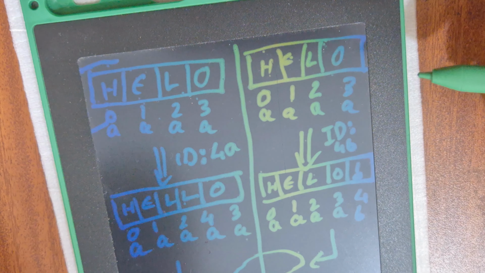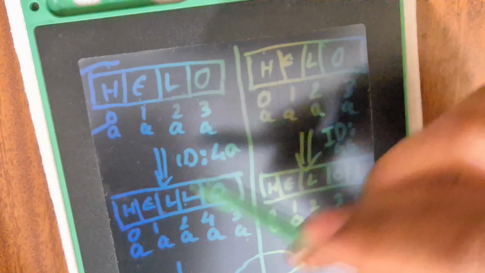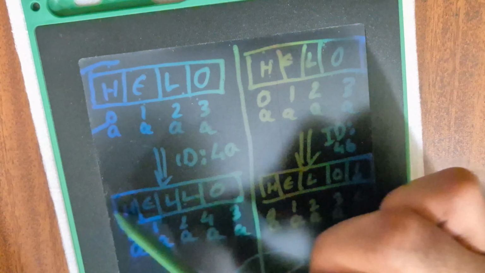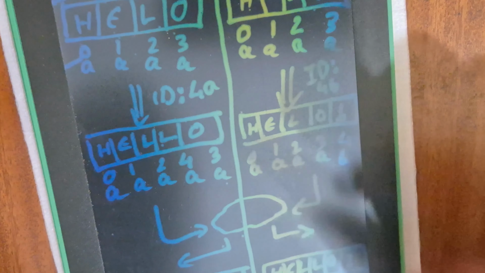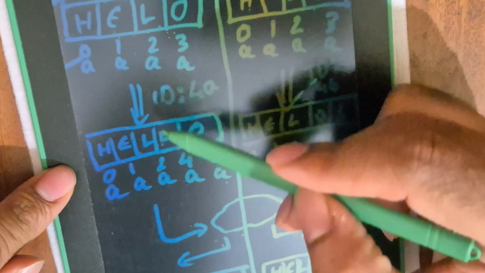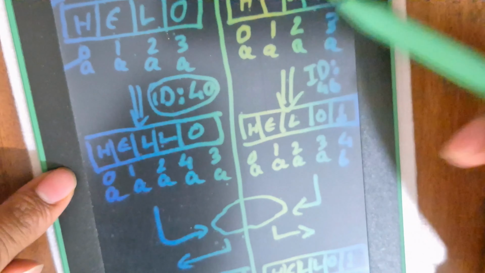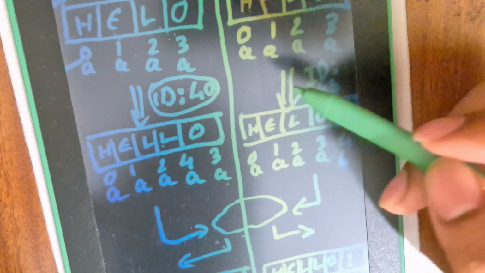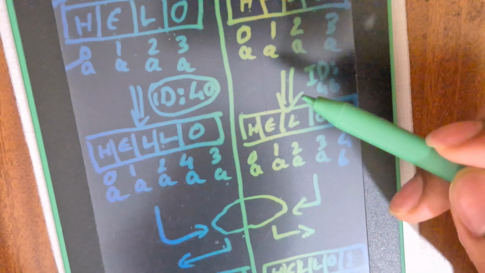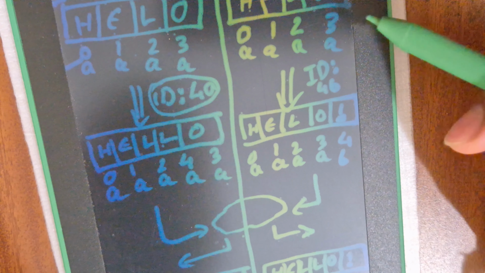Now at time T2, both of them got written. In this step, we are inserting one more L in between whose ID is 4A. So we are inserting 4A after 2A. Remember, 4A after 2A.